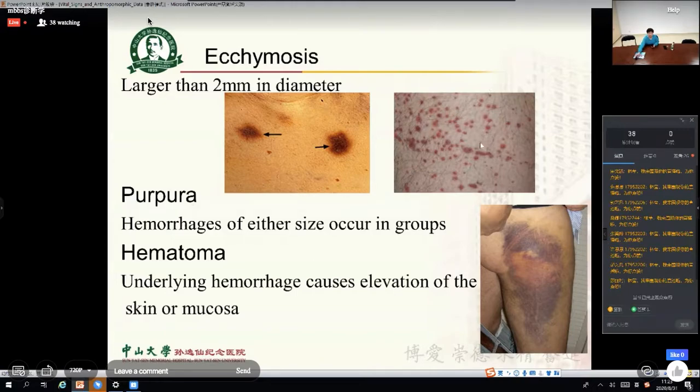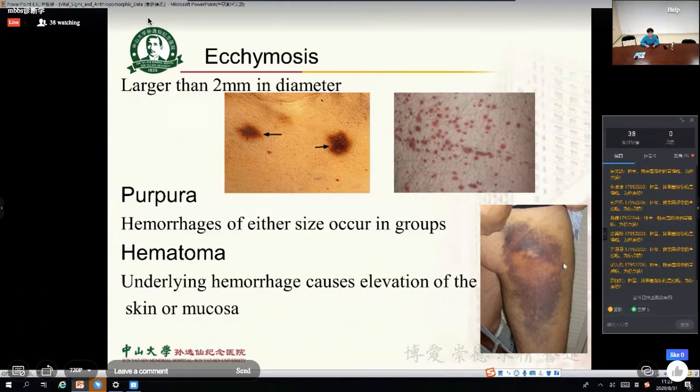Hematoma is like this: underlying hemorrhage causes elevation of the skin or mucosa. This is what we call hematoma.